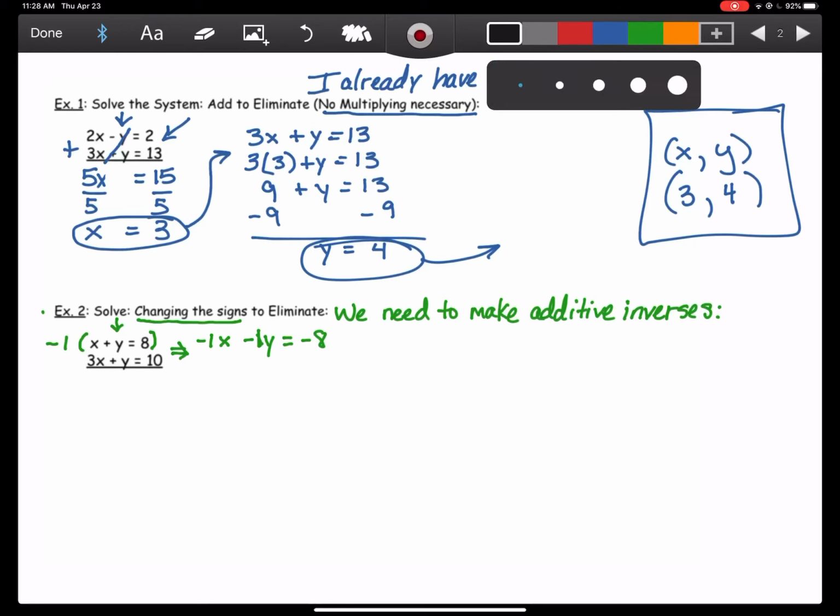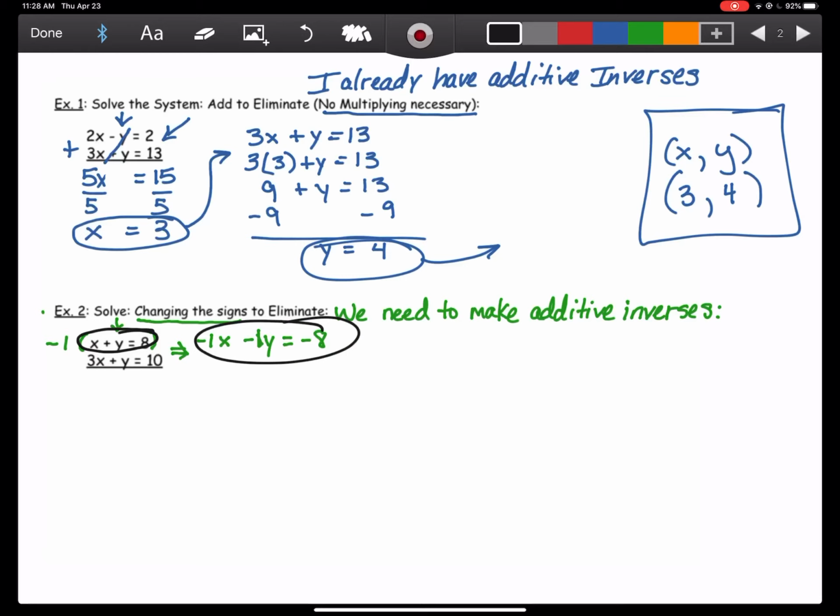Okay? So that one has been multiplied, distributed to make it look different. It's still the same equation, okay? This equation and this equation are the same equation. They are equal, but we've changed the look of them through multiplying.